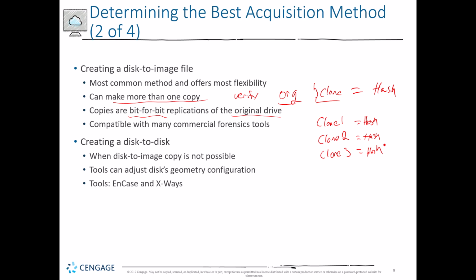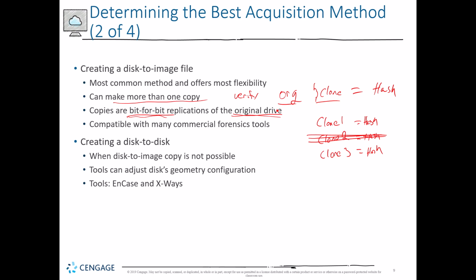If one of the clones is not, then we merely discard it. The hash verified it wasn't a bit-for-bit copy. So then it's not identical to the original evidence drive, so it's not worth reviewing.